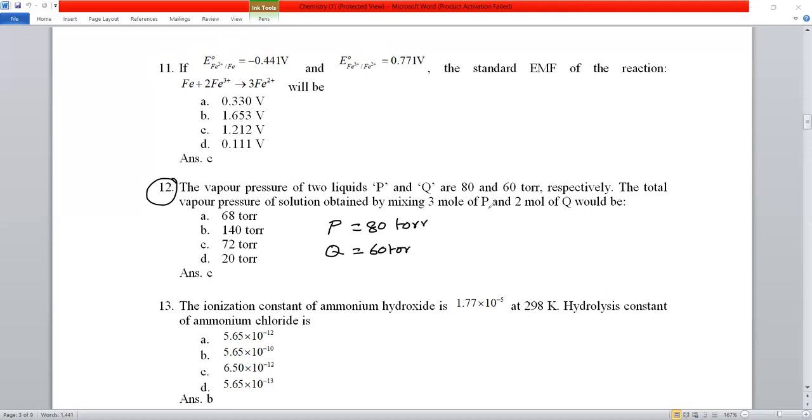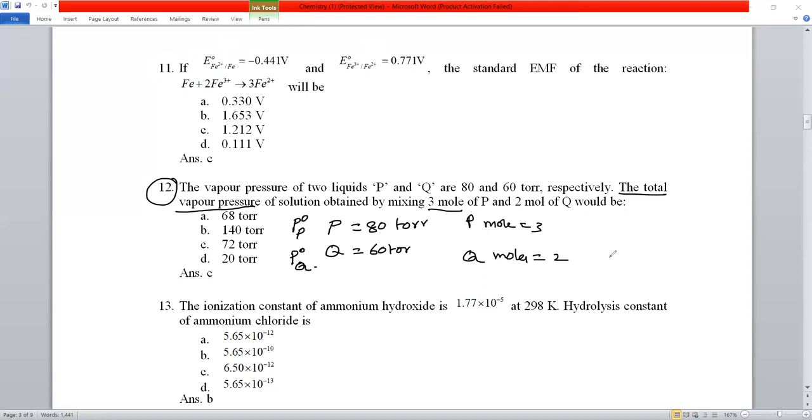They're asking for the total vapor pressure of the solution obtained by mixing 3 moles of P and 2 moles of Q. This is P naught of P, and this is P naught of Q.